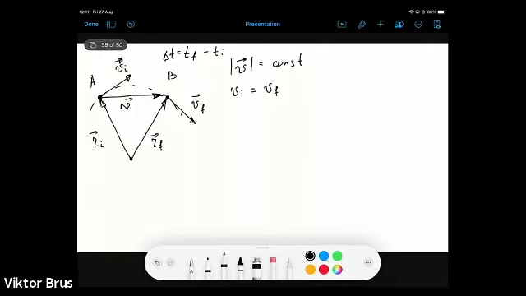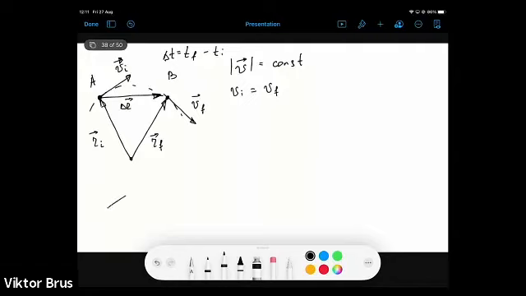Now what we want to do next: let us take these velocity vectors v i and v f, put them at the same point, with the origins of these vectors at the same point, and draw them below this first figure.